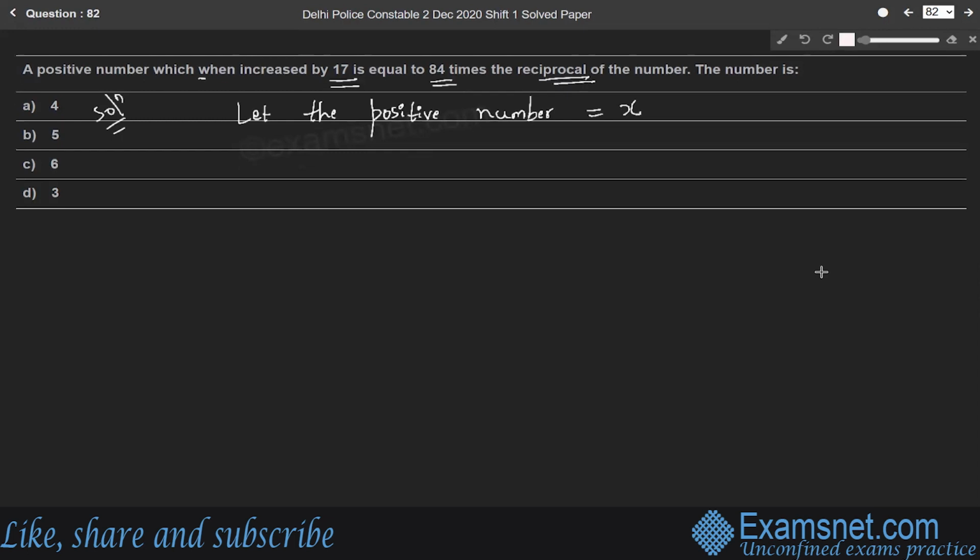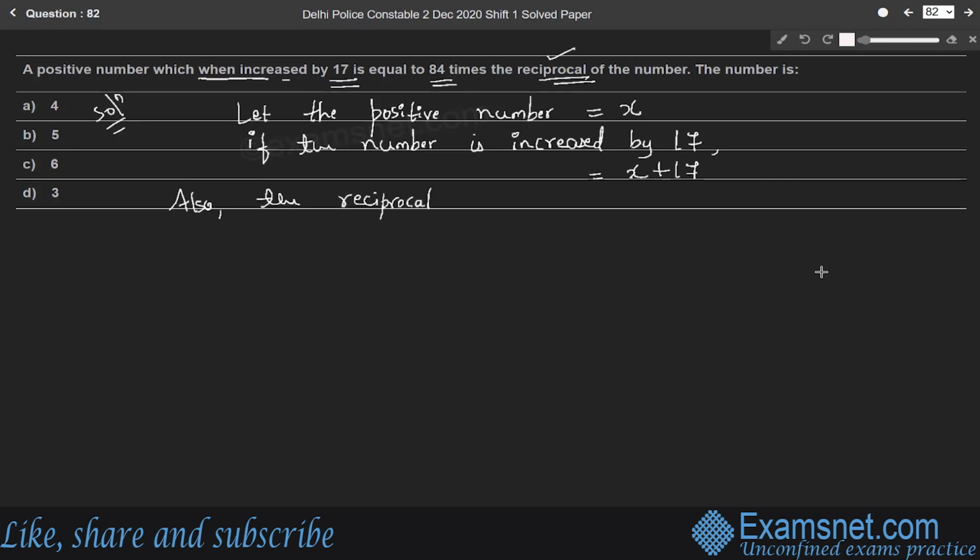So, in the question, if the number is increased by 17, which is equal to x plus 17, right? And also one more part, the reciprocal of the number. Also, the reciprocal of the positive number, if the number is x, then its reciprocal will be 1 by x, right?